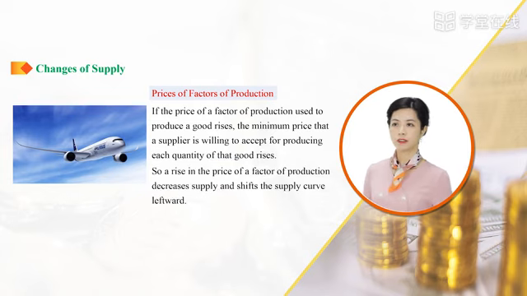If the price of a factor of production rises, the lowest price that the producer is willing to accept for the good rises, so supply decreases. For example, during 2008, as the price of jet fuel increased, the supply of air travel decreased. Similarly, a rise in minimum wage decreases the supply of hamburgers.